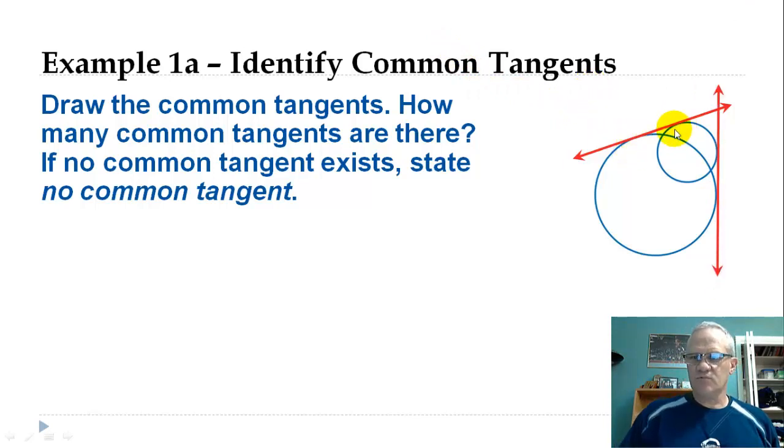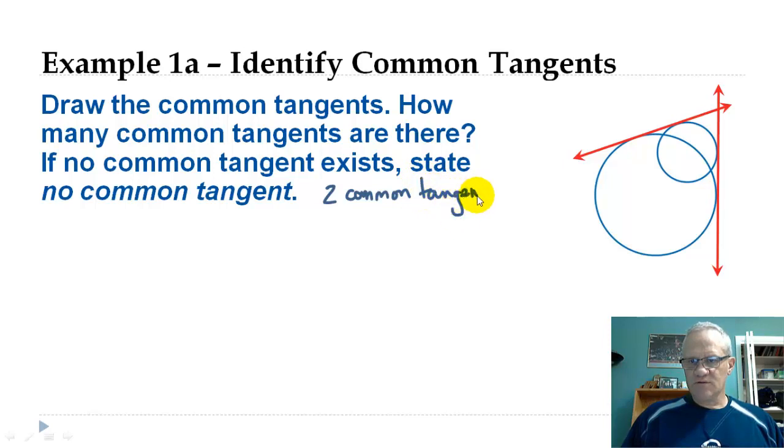What else? How about that one? Again, you could have one drawn that would be tangent to both these at the same time. In this situation, there is nothing else that we could draw that would be tangent to both of those. So that's all there is, and there would be two common tangents. So we have two in that situation.